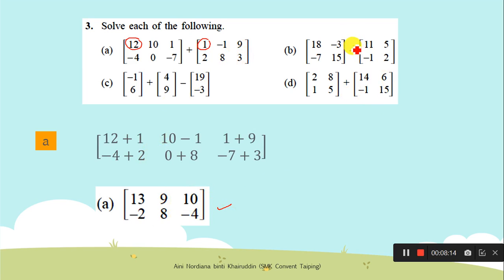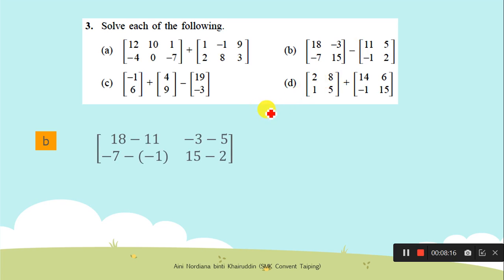For B, minus. So 18 minus 11, negative 3 minus negative 5, negative 7 minus negative 1, and 15 minus 2.